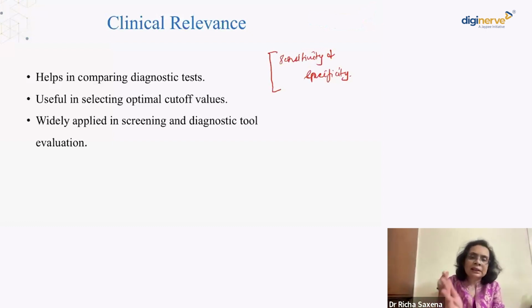If the ROC is nearing the left-hand side, then you know that it is more accurate. And if the area under the curve is nearing 1, you know it is more accurate. And you should probably use it in your study population to distinguish between those people who have the disease from those people who do not have the disease.